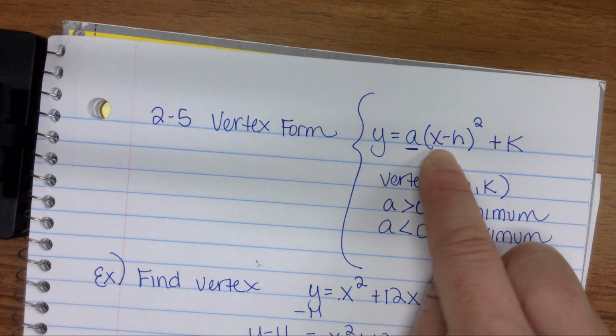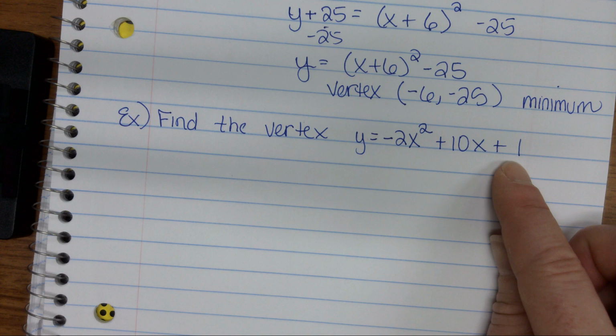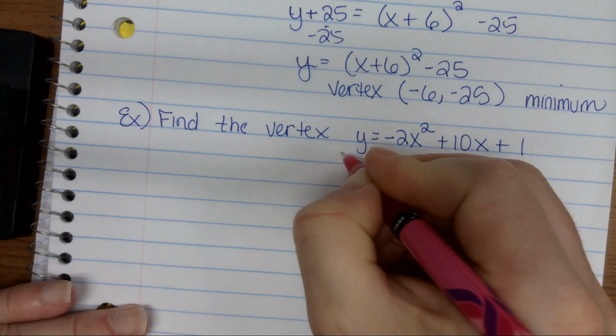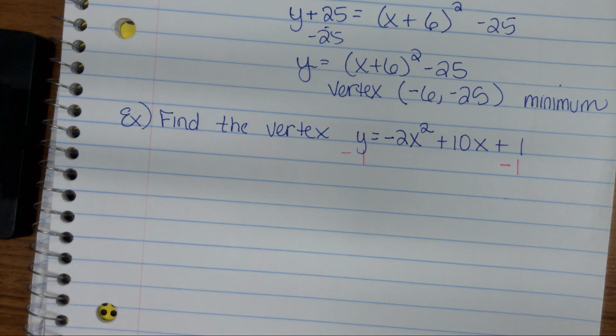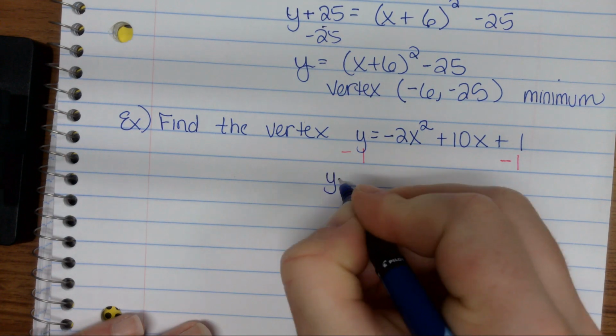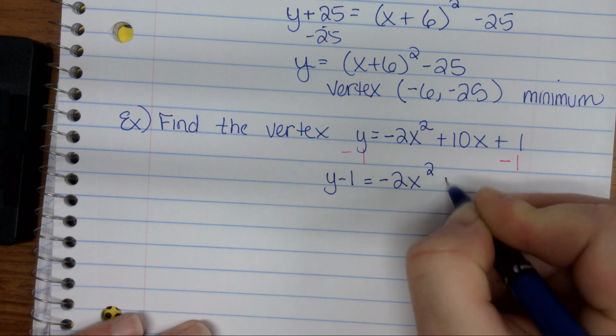Okay. So very first, like normal, we're going to subtract 1 from both sides. So I have y minus 1 equals negative 2x squared plus 10x.